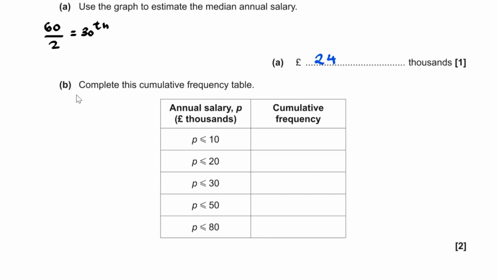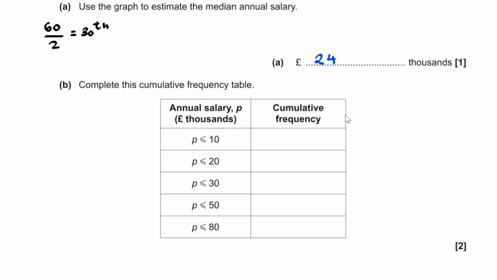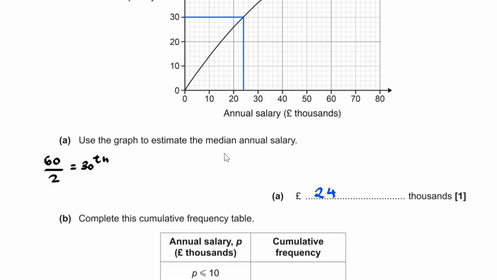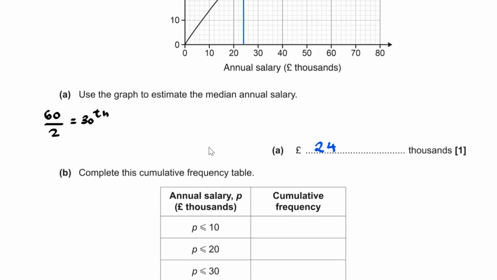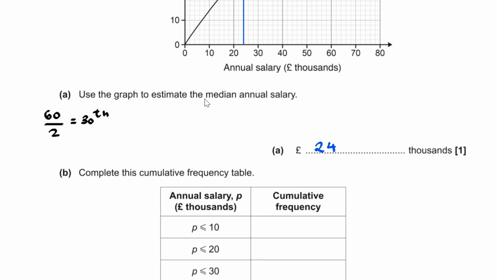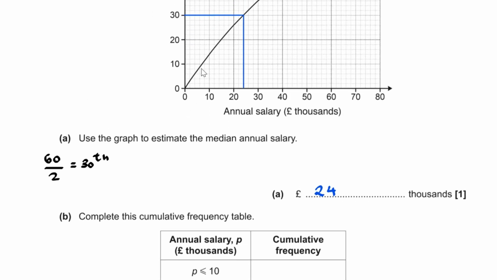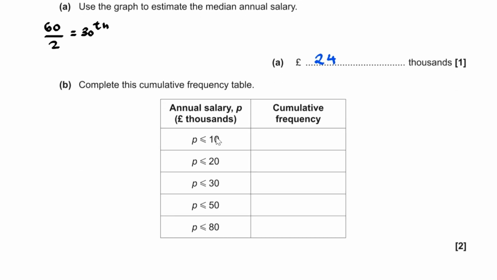And now for part B, we have to complete this cumulative frequency table. So when we have over here a cumulative frequency of up to 10, well, certainly for here we'll get 60.